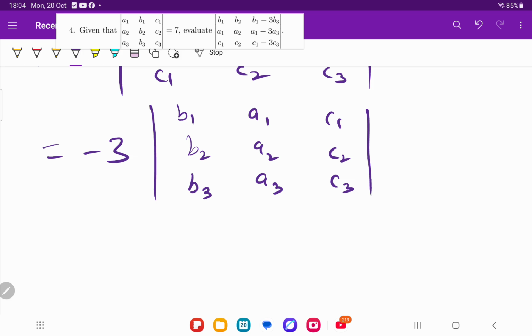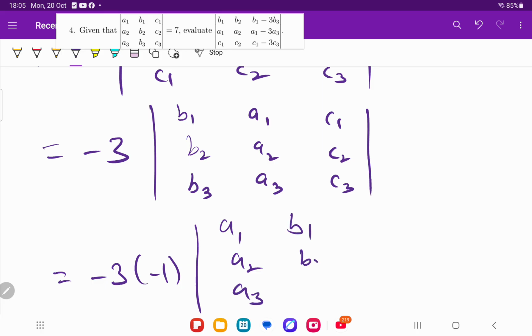Now you need to see that, according to your formulation, column 1 should be interchanged with column 2. So you have to have a minus sign outside, because you are interchanging the columns. a1 a2 a3 will remain as it is, b1 b2 b3 will remain as it is, c1 c2 c3.